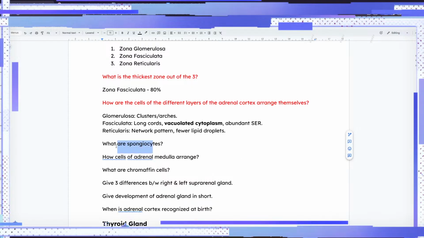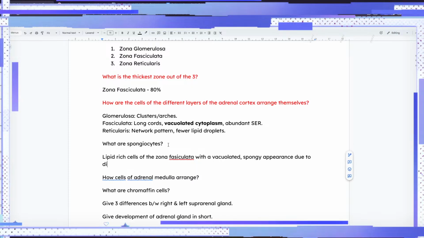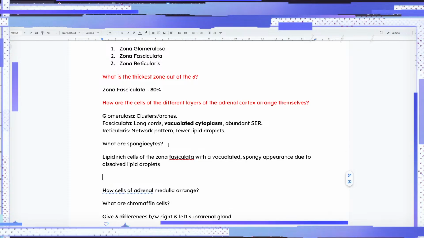Sorry. What are spongiocytes? Spongiocytes are lipid cells of the zona fasciculata with a vacuolated, spongy appearance due to dissolved lipids.